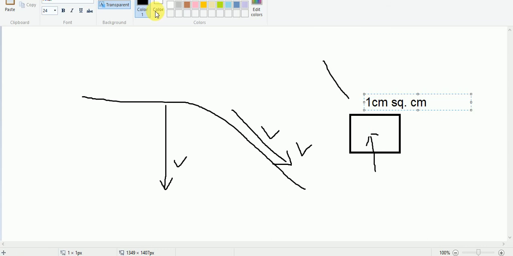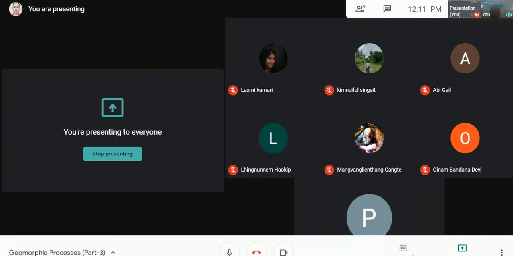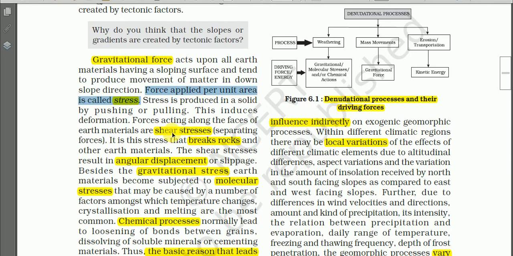The forces applied within this unit area of surface is known as stress. As mentioned in the book, force applied per unit area is called stress, and stress is produced in a solid by pushing and pulling.